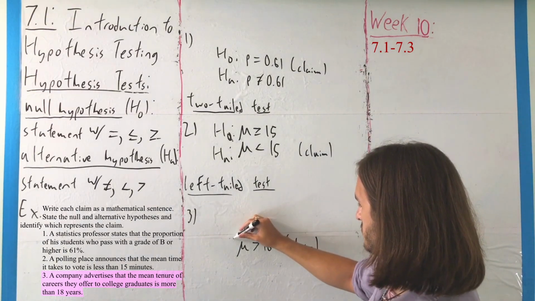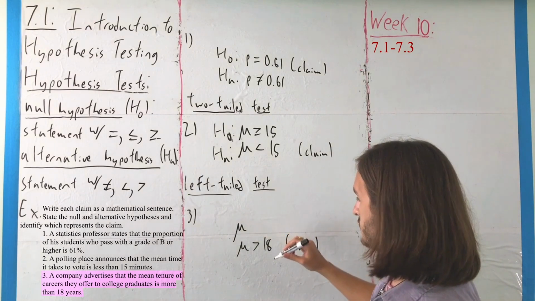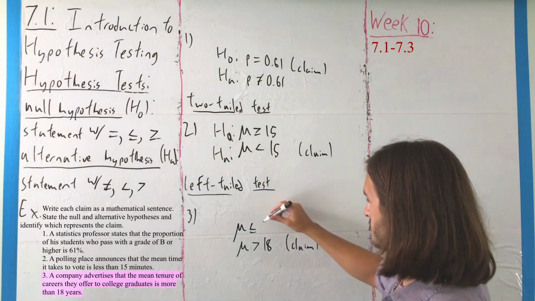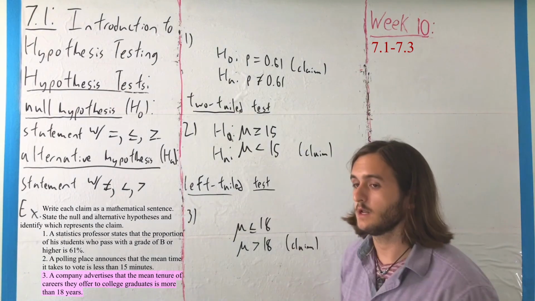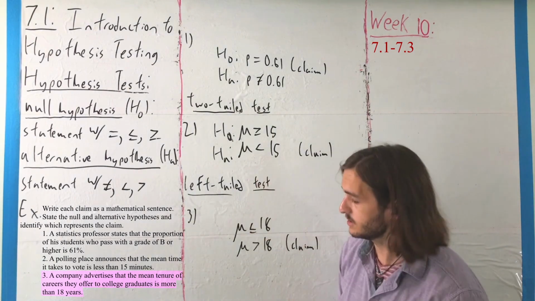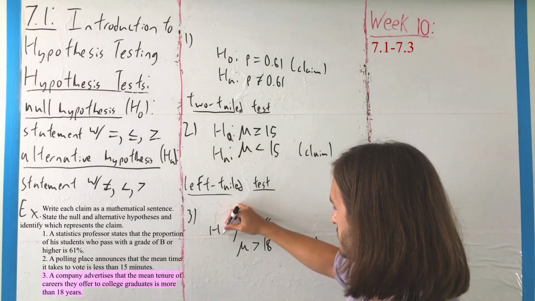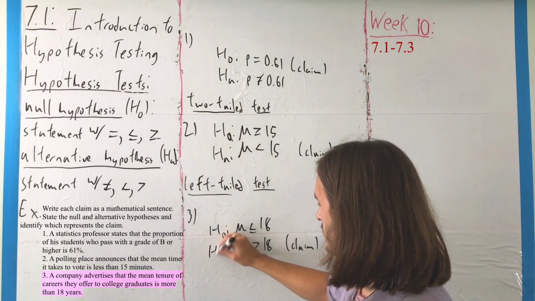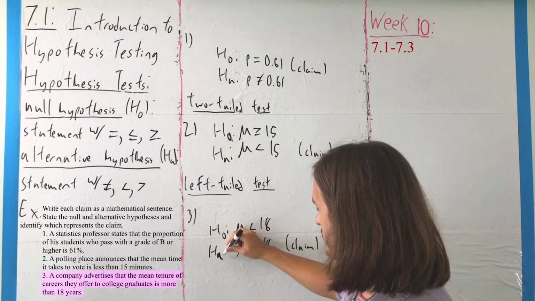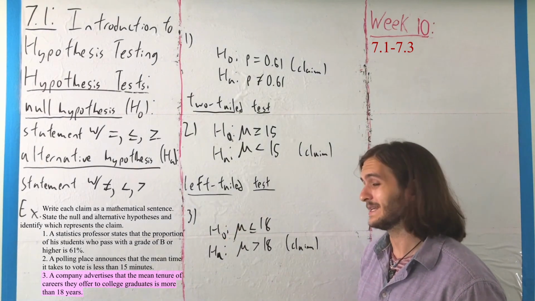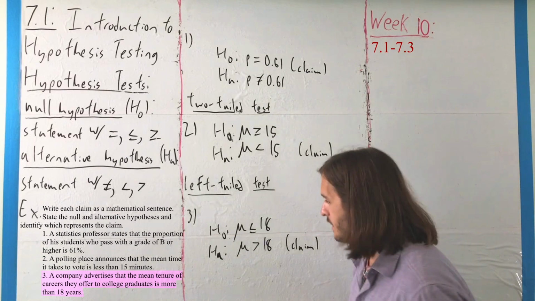So, our opposite would be that mu is at most 18. And again, we want to figure out what is the null, what is the alternative, just look for the equal sign. This one has an equal sign, so that is our null. And this one doesn't, so it is our alternative. Words are hard.